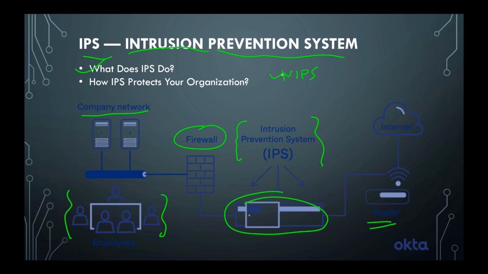NIPS protects the network by analyzing and blocking malicious traffic flow. Then also we have HIPS. HIPS focuses on the individual device, making sure endpoints themselves are not misbehaving. So it is a host-based intrusion prevention system.